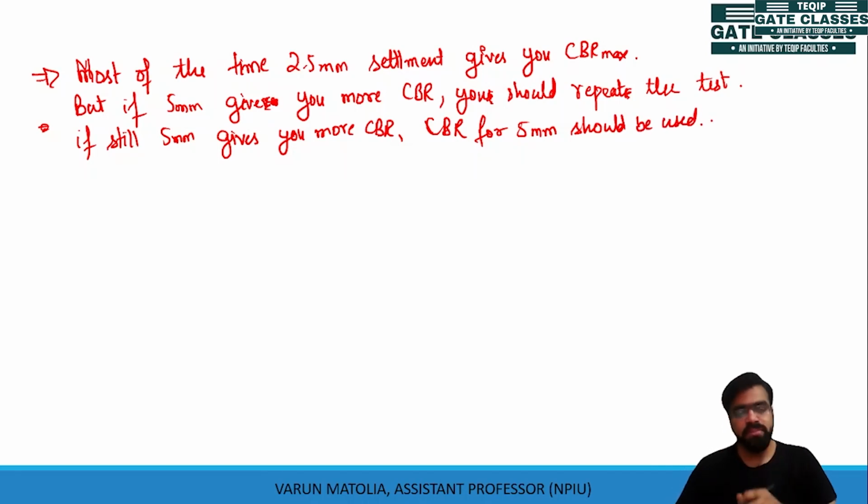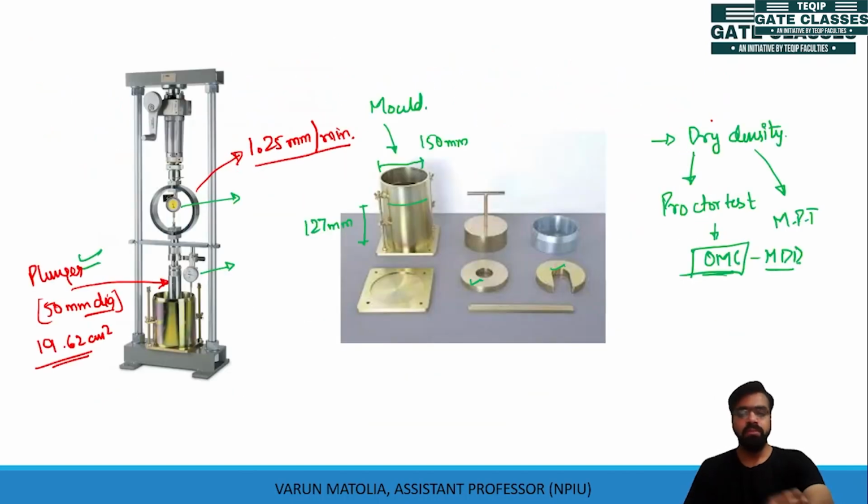So this is all about the CBR test. We had a mold, we filled it by light compaction or heavy compaction up to dry density at the site condition. We placed the surcharge load. For soaked condition, we put it in water for 96 hours. Then we put it in this loading arrangement.